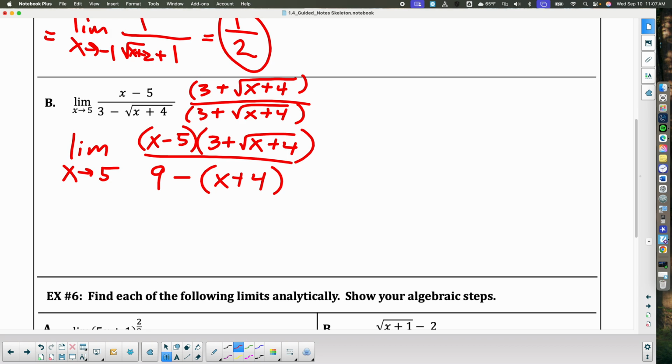It should say this. The clue to tell you if you're doing it correctly is that it should be sort of like x minus 5. My guess is this is going to be negative x plus 5. So we've got 9 minus x minus 4.